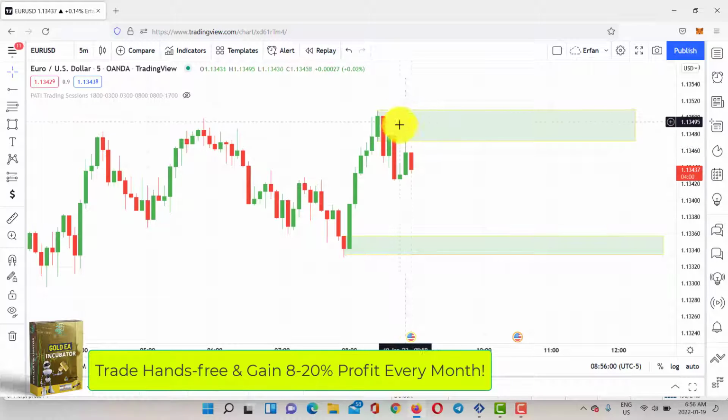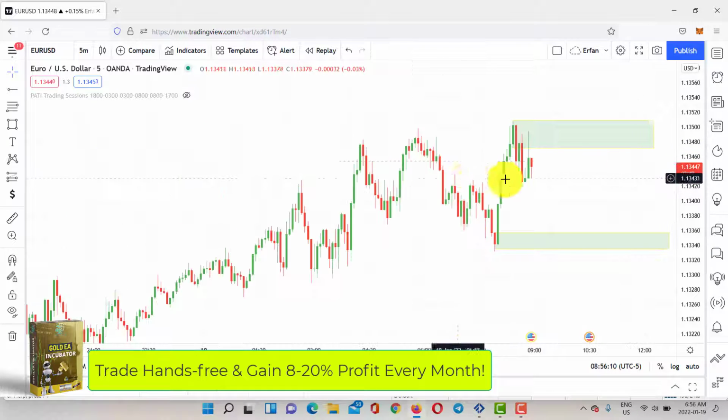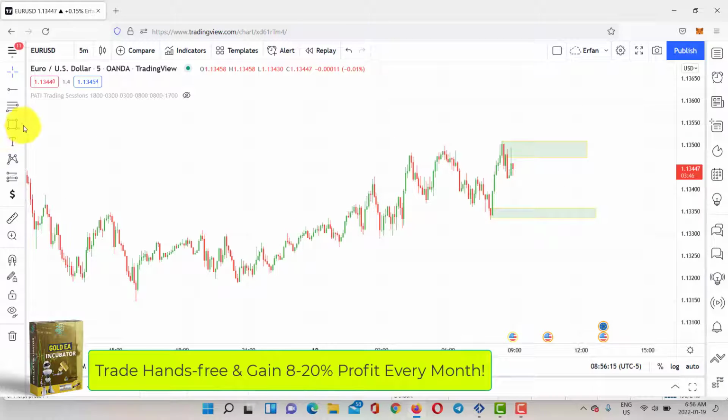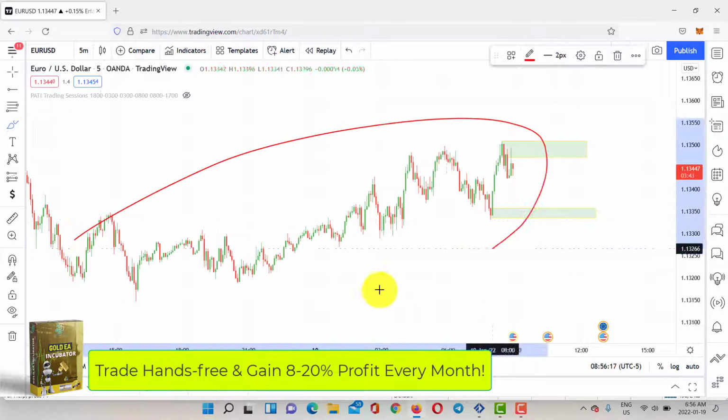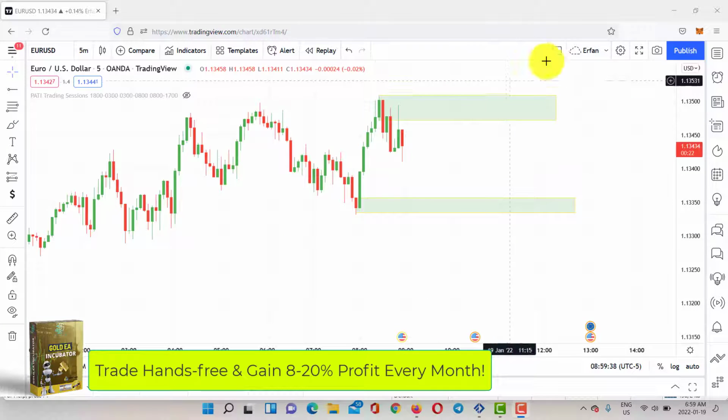It came back to tap into this zone. The sellers rejected the price, and now the price is probably trying to reach this level to fill in this level right here. So I probably can take my sell position here, but at the same time, when you zoom out, you see that we have a very bullish trend with higher highs and higher lows.